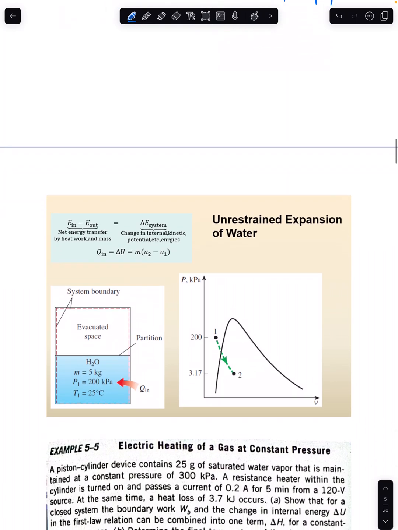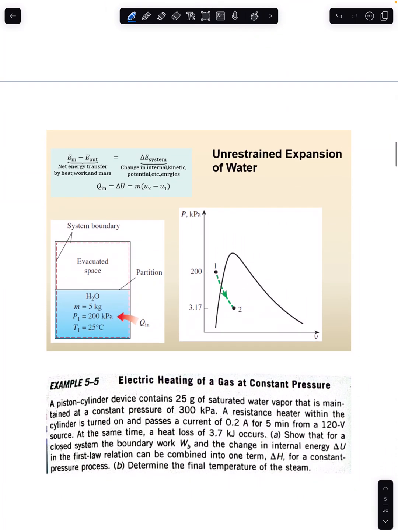So for expansion, when we say unrestrained expansion, the heat into the system is equal to what? Is the change of energy, which is equal to what? The mass with respect to what? U2 minus U1.